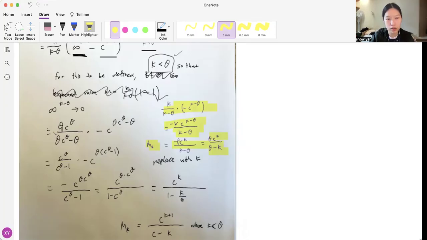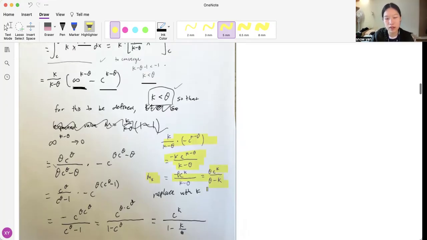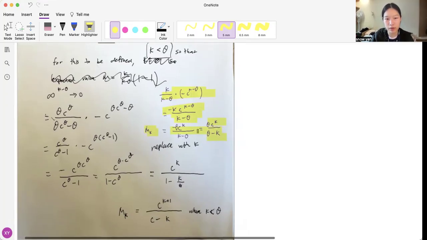I'm not sure if the steps are correct, but once I got to this point, it's just basic algebra simplification. I kept the k on the top and only replaced this k, not the denominator k, which remained the same.